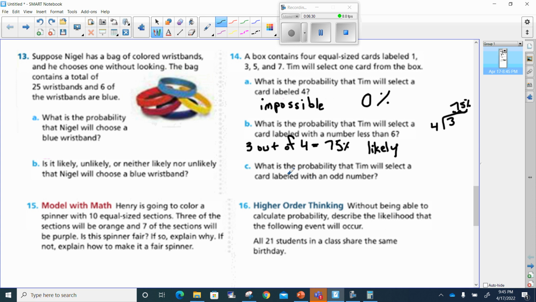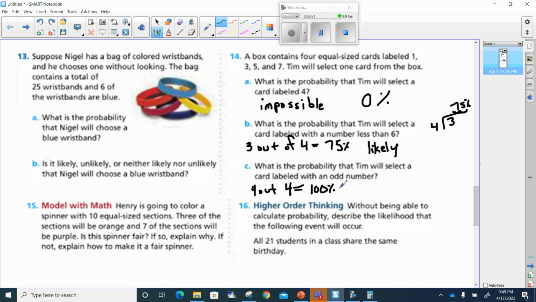All right, what is the probability that Tim will select a card labeled with an odd number? Odd number. Well, even numbers are 2, 4, 6, and 8. These are all odd numbers. So that's a 4 out of 4. That equals 100%.